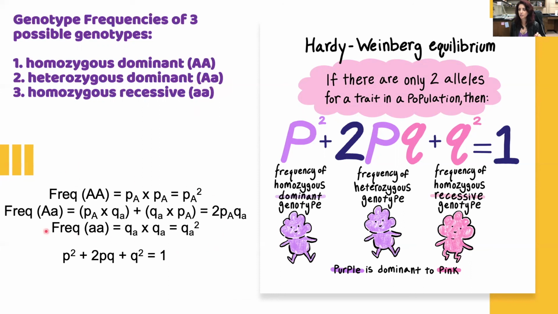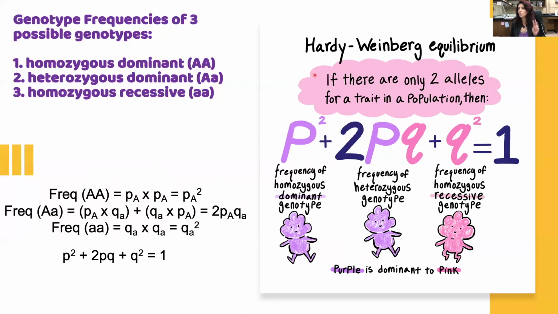All of this works out to this, with this math. The frequency of our homozygous dominant is P sub A times P sub A equals P sub A squared, okay? We can do that same type of equation for heterozygous and then homozygous recessive. We can sum these terms up together and have it all represented in this equation here: P squared plus 2PQ plus Q squared equals 1.